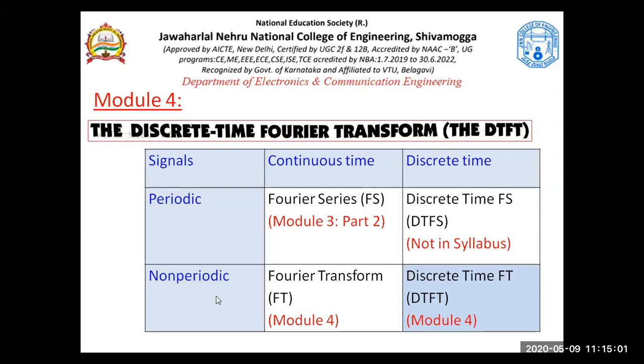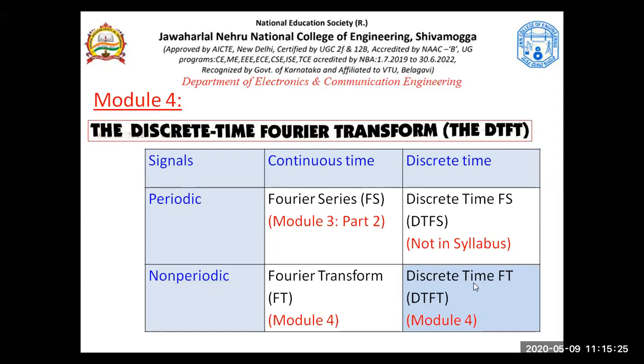If it is non-periodic, it is Fourier transform. And if it is non-periodic continuous time, it is the continuous time Fourier transform, or just Fourier transform. If it is discrete time, we have to attach the terminology discrete time Fourier transform. So the first thing in module 4 is the discrete time Fourier transform.